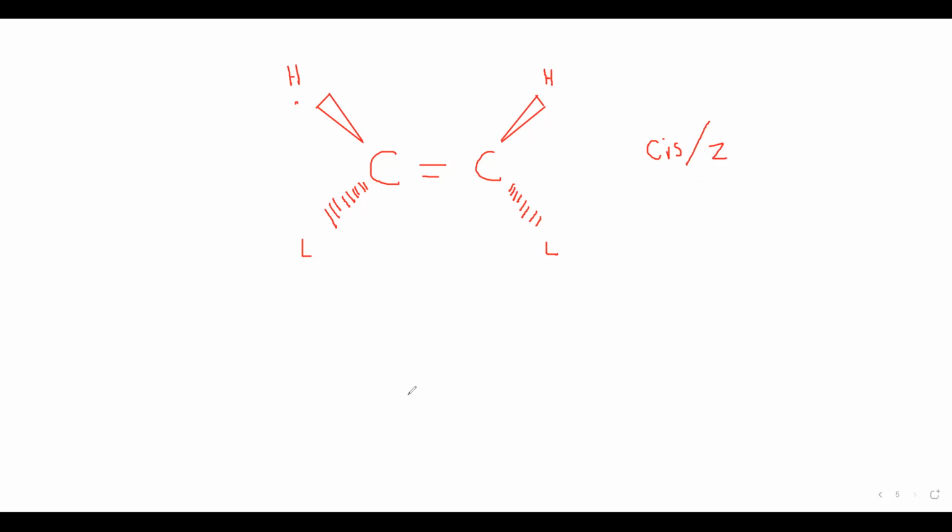But if heavy groups are on the opposite side, like between the carbons there is a double bond, one of the bonds is into the plane and the other one is out of the plane.